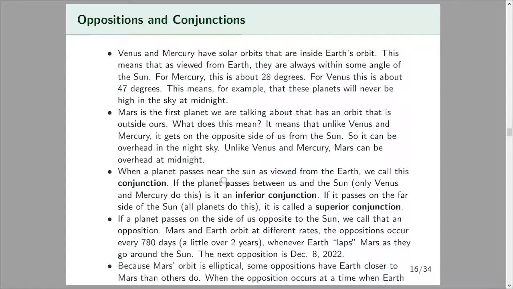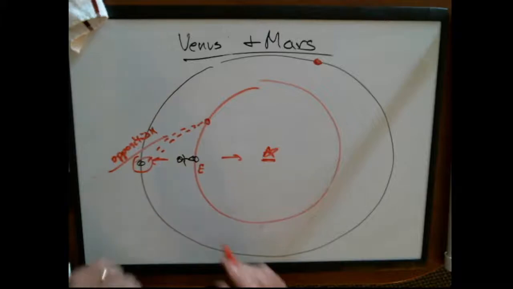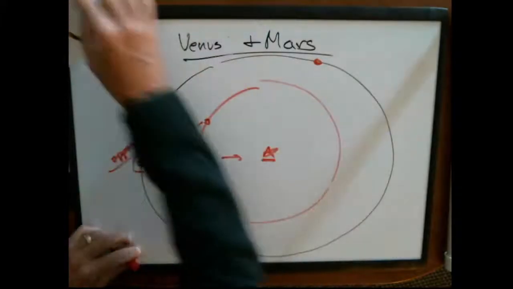When a planet passes near the sun as viewed from Earth, we call this conjunction. So let me just go back to this one. Eventually Mars is going to be, let me erase this a second here.